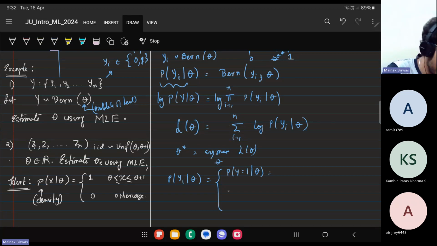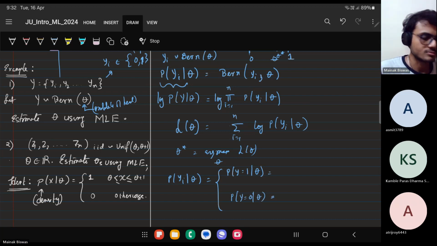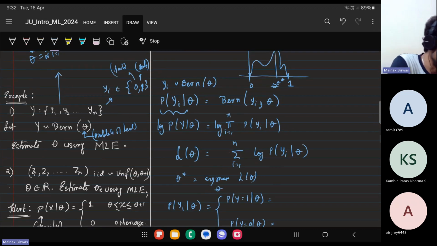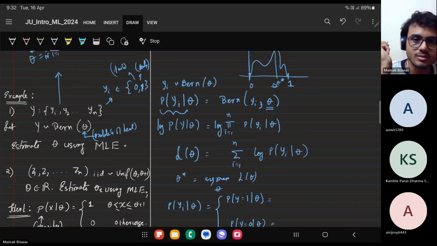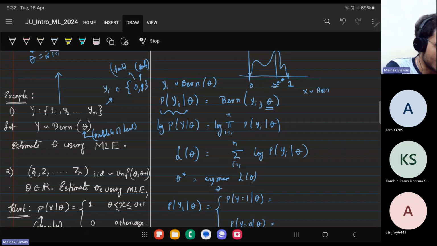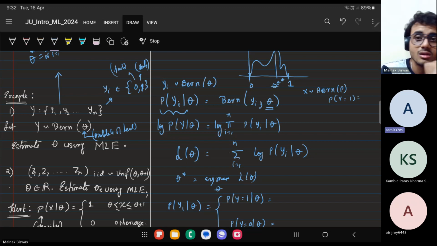What is the probability that y equal to 1 given theta? And what is the probability of y equal to 0 given theta? The Bernoulli distribution with parameter theta. X was distributed as Bernoulli P. What is the probability x equal to 1? P.